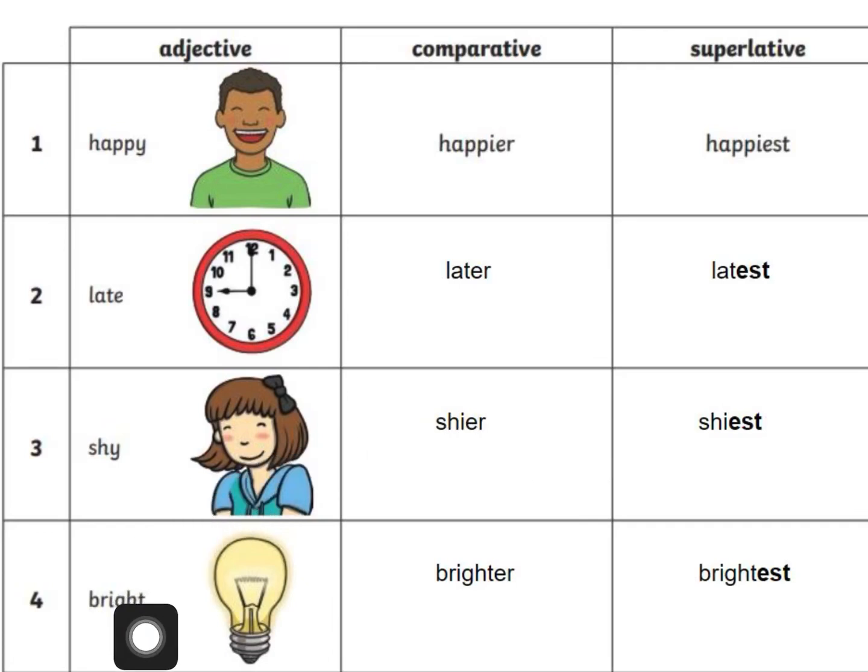Very good. Or the adjective bright. When you turn on a little bulb, that is bright. So my bulb is brighter than yours, or my bulb is the brightest bulb around the world. It could be.